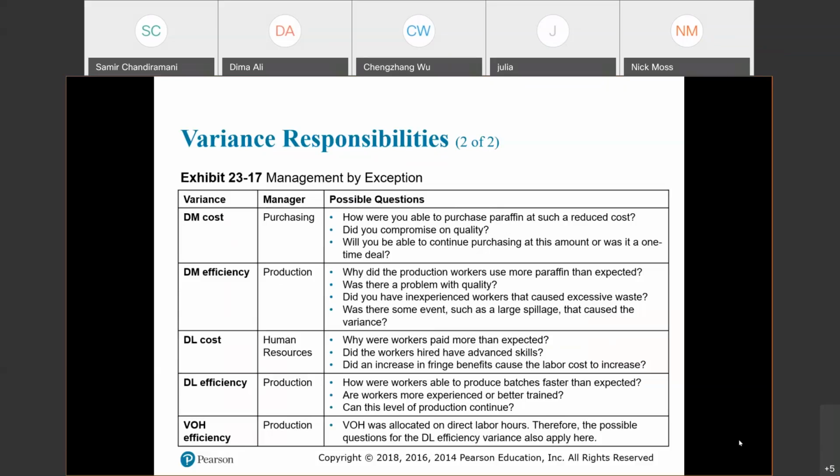So these 5 items are considered significant, where the managers want to focus. And to investigate these 5 entries, here are some possible questions that the managers want to ask.